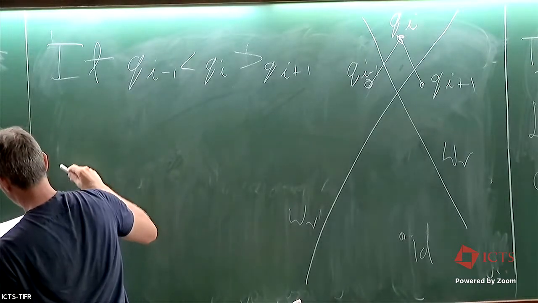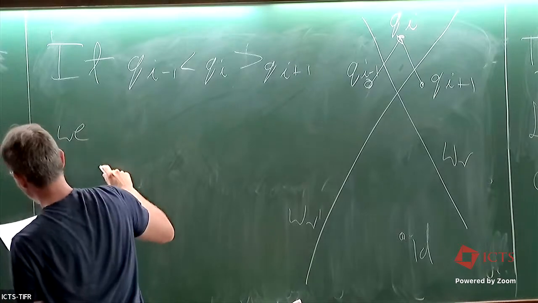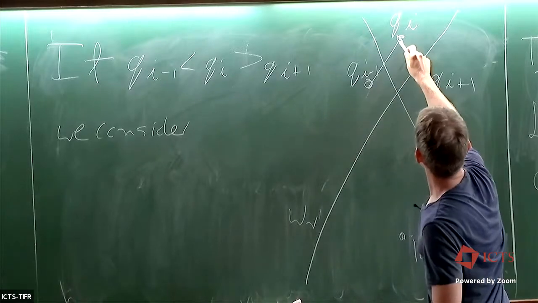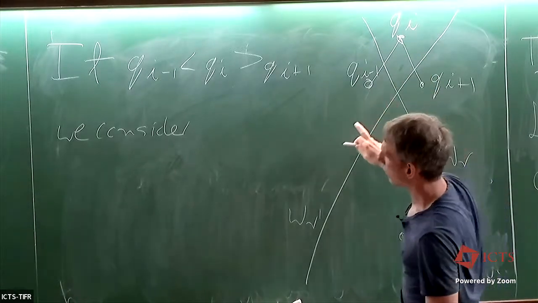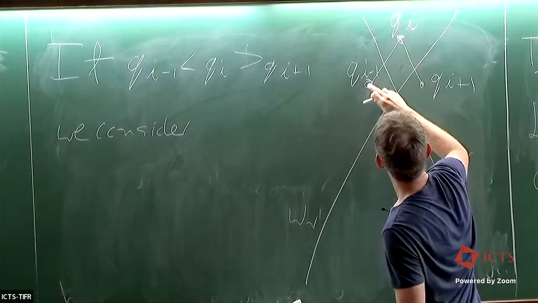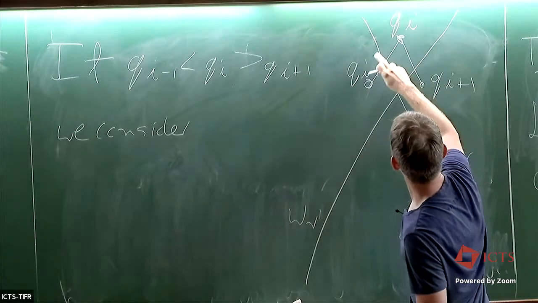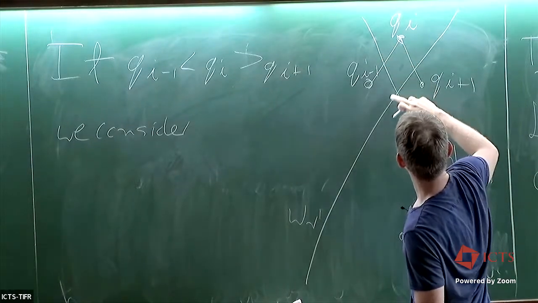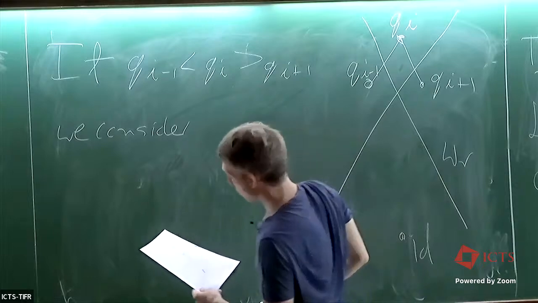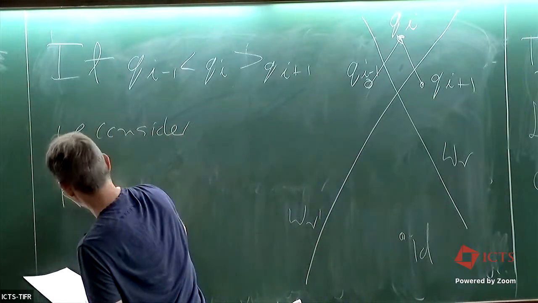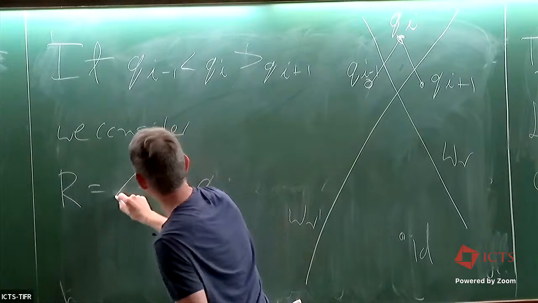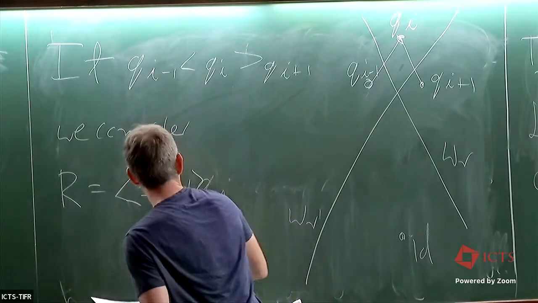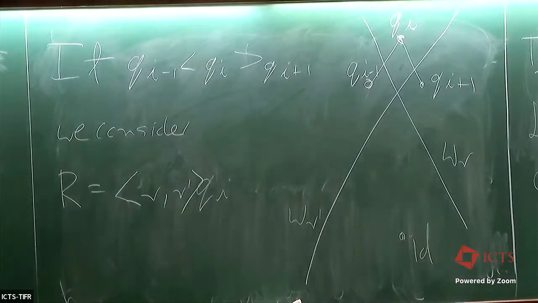So in this situation, we will consider the whole set of vertices that's obtained by reflecting Qi using the group generated by these two reflections. So we consider this set R, which is obtained from Qi by translating it by the group generated by R and R prime.